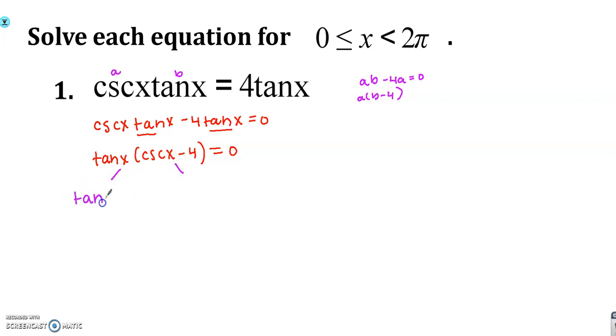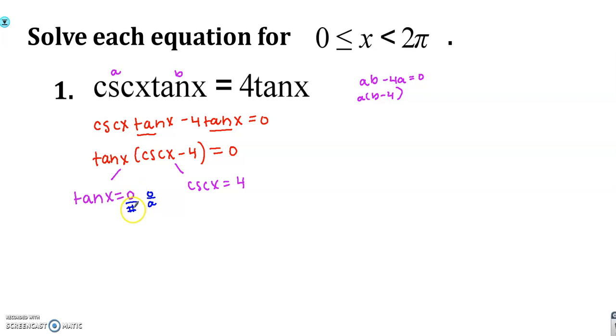So I will have tangent of x equals 0, and for cosecant of x, I'm going to move that 4 over, so cosecant of x will equal 4. Since this is tangent, this is opposite over adjacent, and remember, this bottom number can be anything: positive 1, negative 1, any number we want.